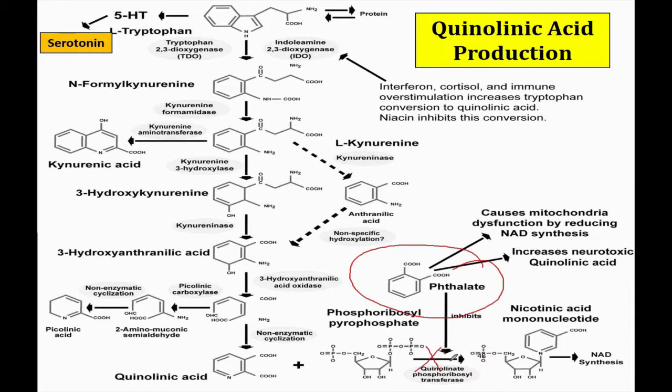If that enzyme becomes inhibited, that could end up causing quinolinic acid to elevate too. So there could be a direct link between phthalate and high quinolinic acid. How would you know? You'd have to do the GPL-TOX test as well. Okay, you're not going to know that just looking at the organic acid test.